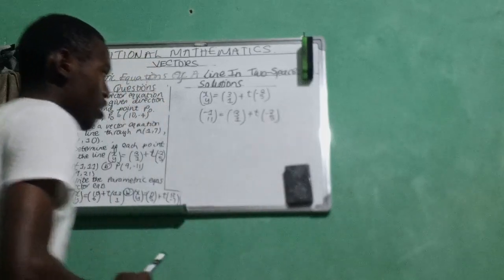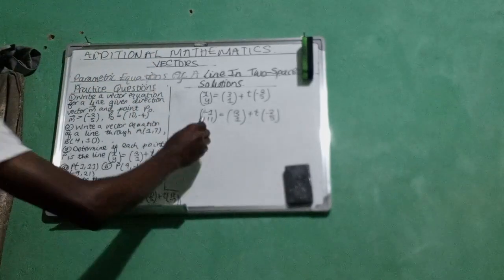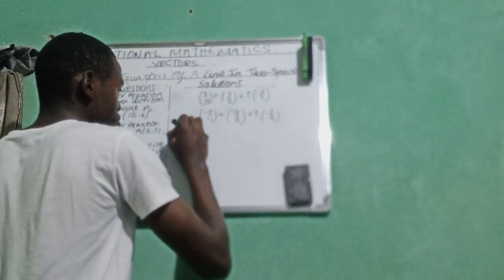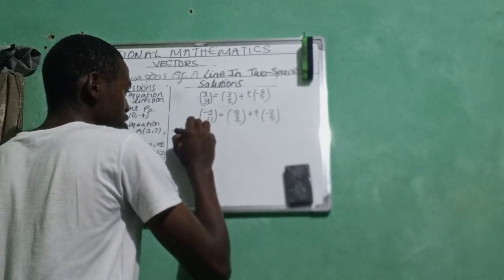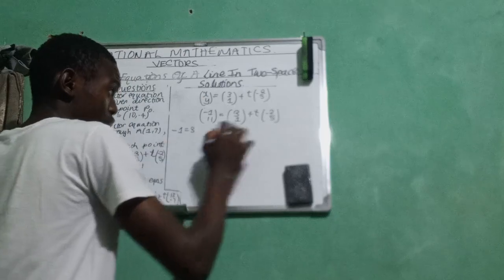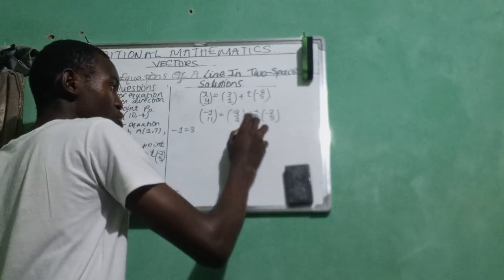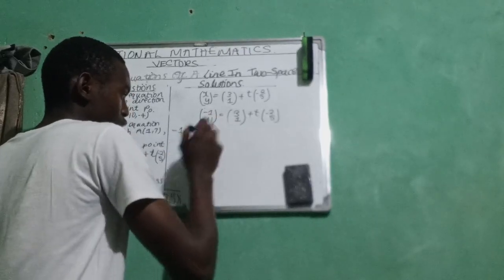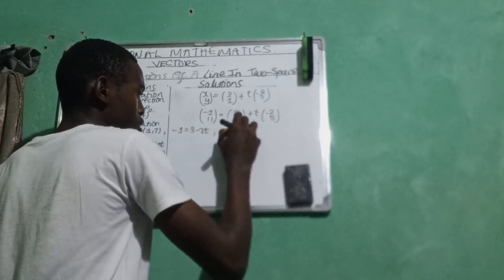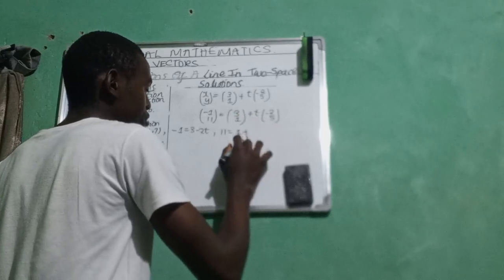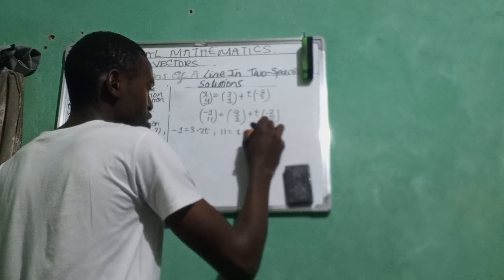We get the top row and the bottom row. -1 is equal to 3 plus t multiplied by -2, which is minus 2t. 11 is equal to 1 plus t multiplied by 5, which is 5t.